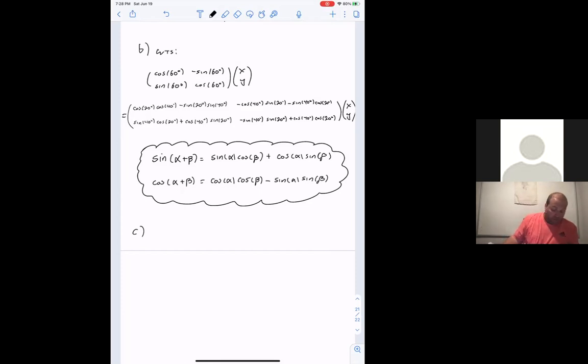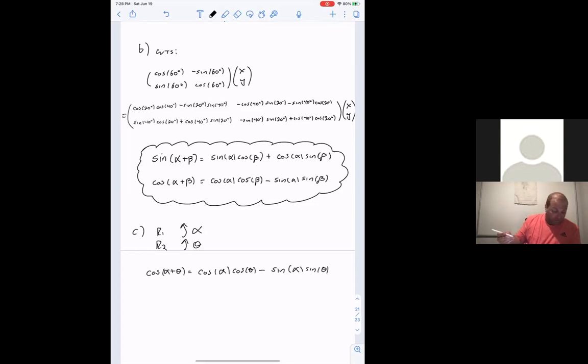And then C, given that R1 is a counterclockwise rotation of angle alpha, and R2 is a counterclockwise rotation of angle theta, show that cosine of alpha plus theta, let's say you do them both. Well, if you look at that same formula we just used, it becomes cosine of alpha cosine of theta minus sine of alpha sine of theta.